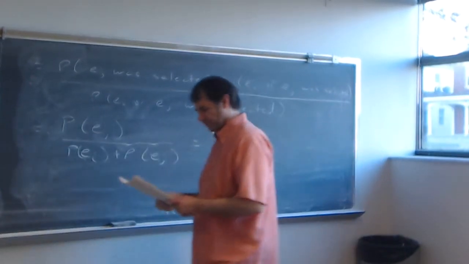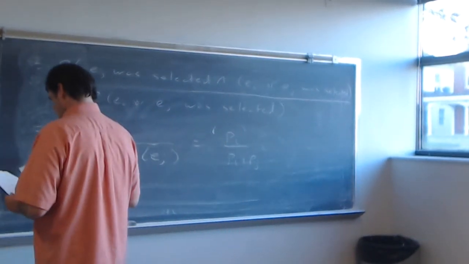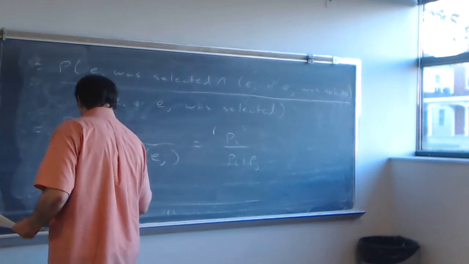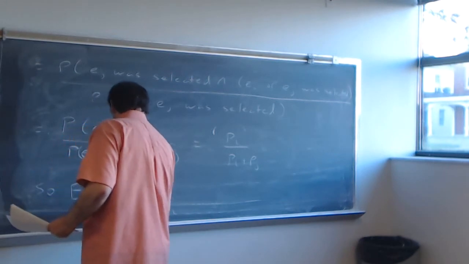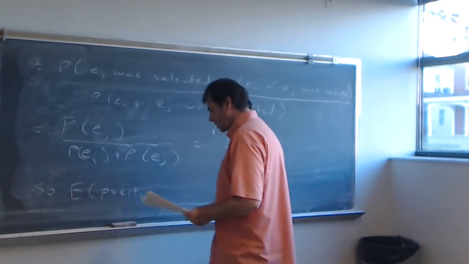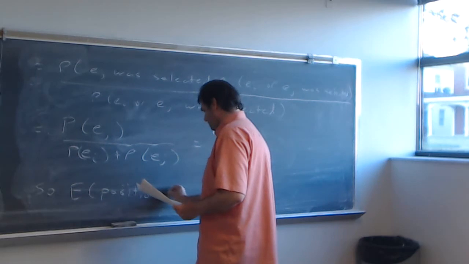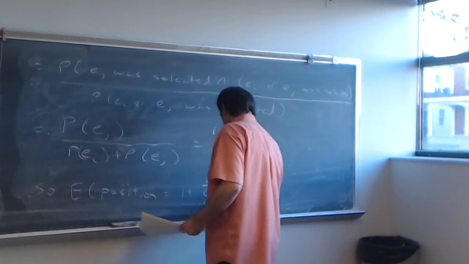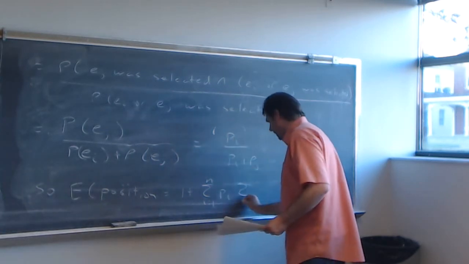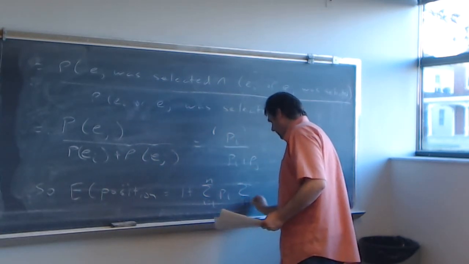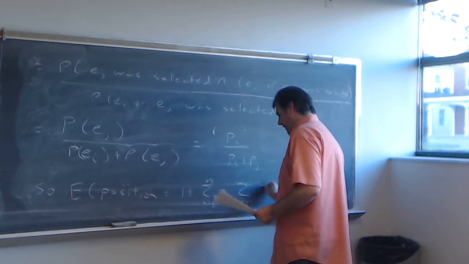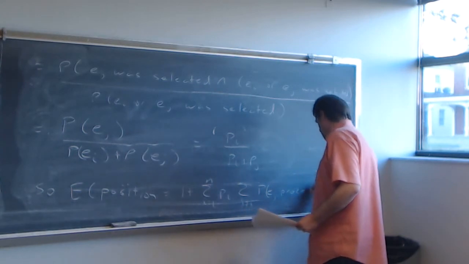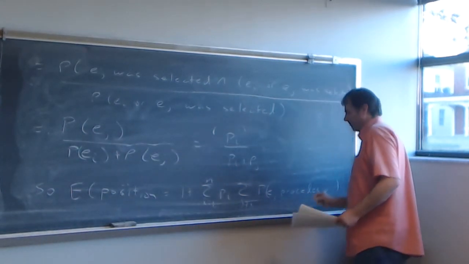So, this concludes it. The expected value of the position was equal to 1 plus the sum as i runs from 1 to n of P sub i times the sum as j being different than i of the probability that E sub j precedes E sub i. Okay.